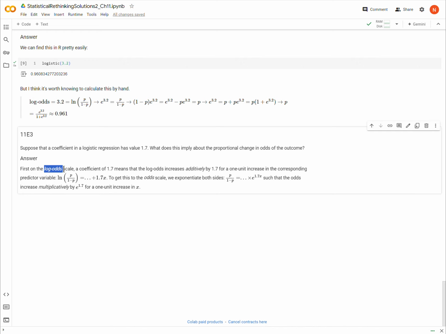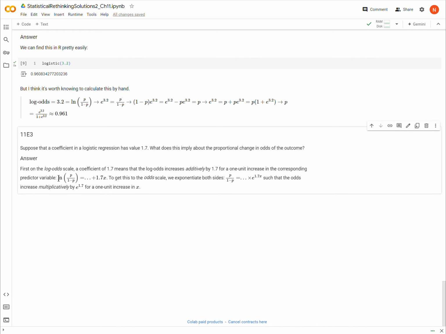On the log odds scale, a coefficient of 1.7 means that the log odds increase, importantly, additively, by 1.7 units for every one-unit increase in the corresponding predictor variable.